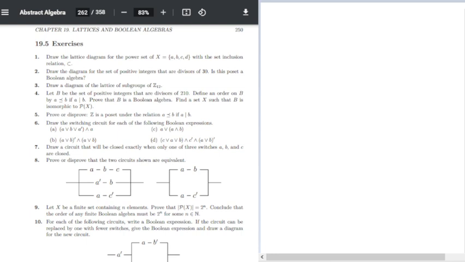So draw the lattice diagram for the power set of A, B, C, D with set inclusion relation.